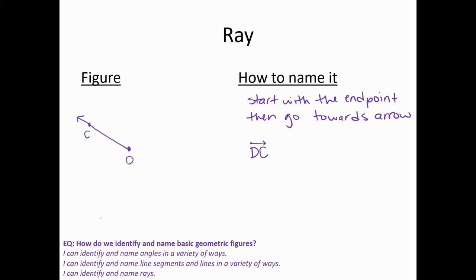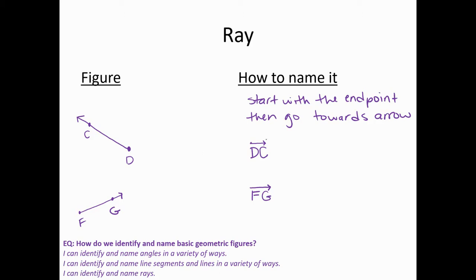So this one I might actually draw another one to make it a bit easier. We could call this F and G. And so again, if I start with the endpoint, I have to start with F, and then I go towards the arrow with G, and I draw my ray.